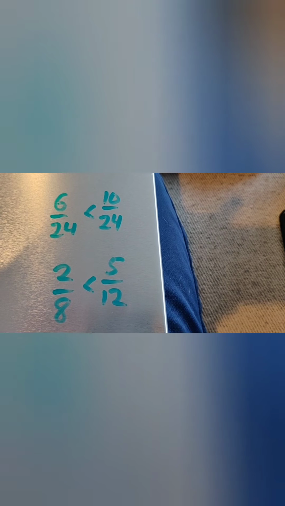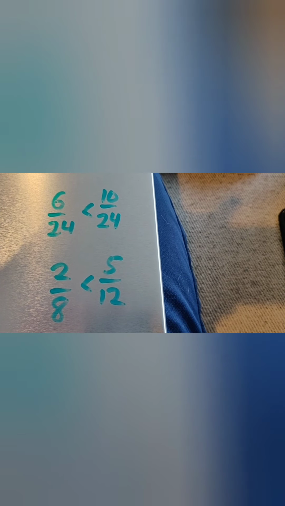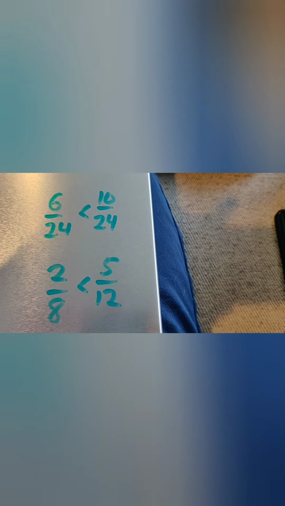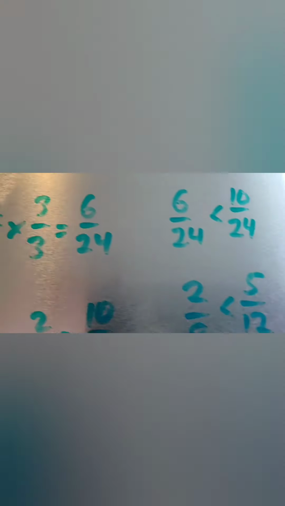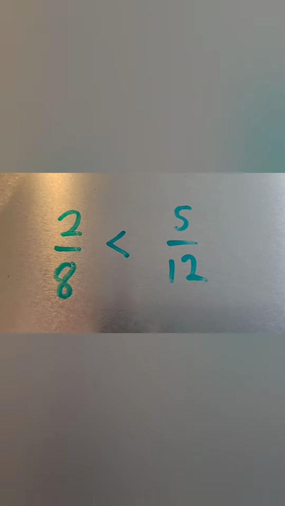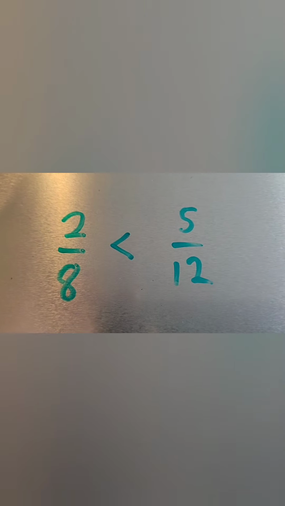If 6/24 is less than 10/24, then 2/8 is less than 5/12, because 6/24 and 2/8 are equivalent fractions, and 10/24 and 5/12 are equivalent fractions. And finding that 2/8 is less than 5/12 by expressing those fractions with equivalent denominators gives us the same result that we had before. 2/8 is less than 5/12.